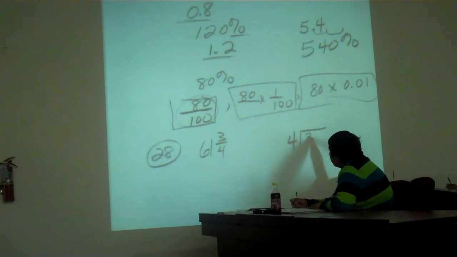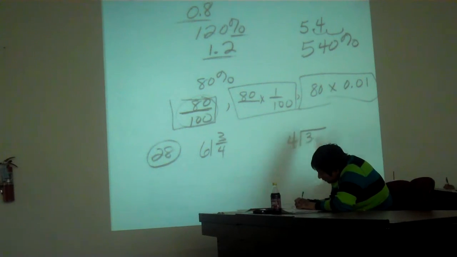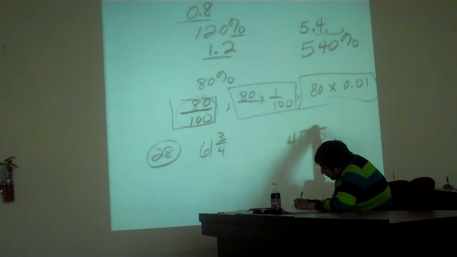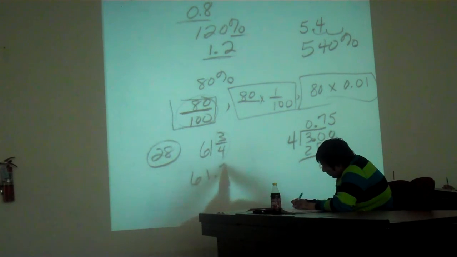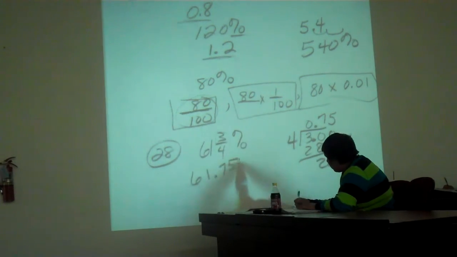You do the top number under the division. 3 divided by 4, 4 into 30, 7. 4 into 20 is 5. So this part is 0.75. So it's 61.75. And this was a percent.